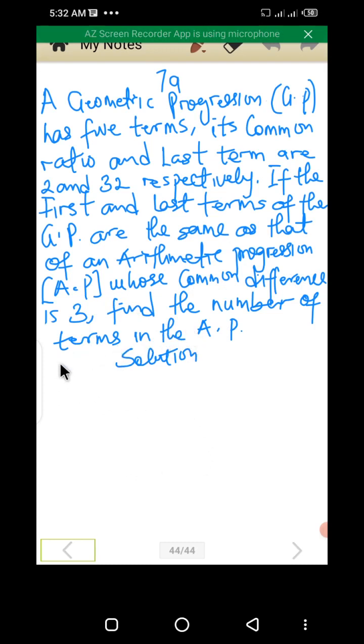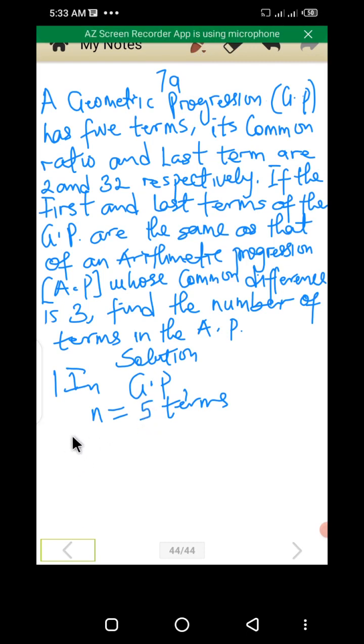If you are to solve this, in the GP the number of terms is 5.